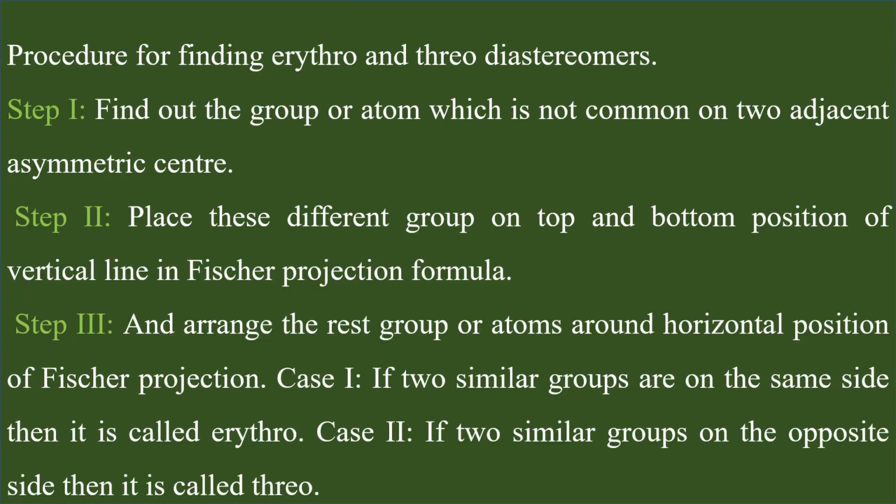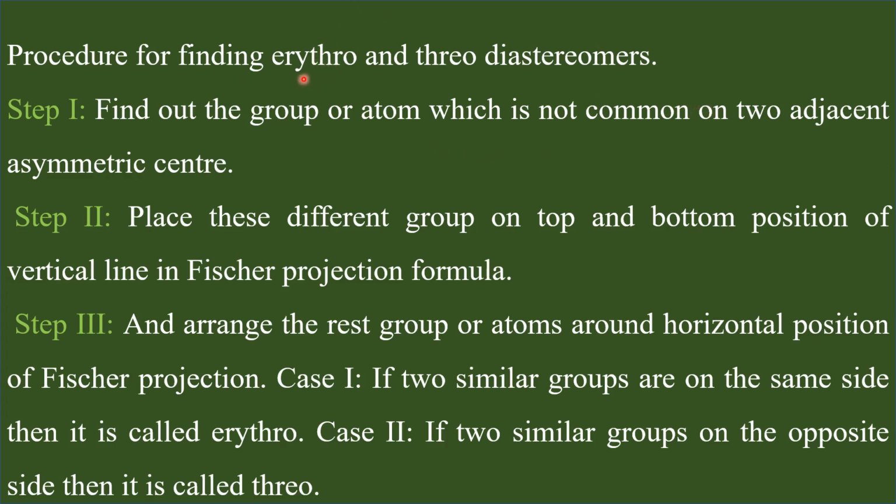Now we shall consolidate the rules that we have to follow in assigning the erythro-threo notations for the compounds. Usually the erythro isomer and threo isomer are diastereomers.